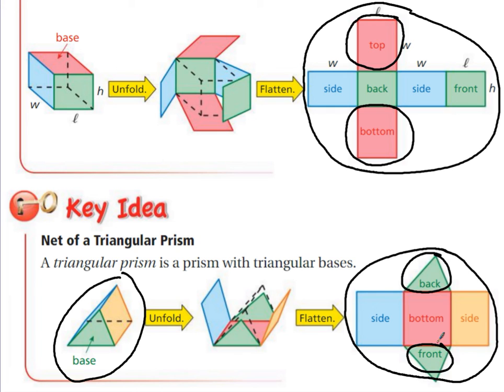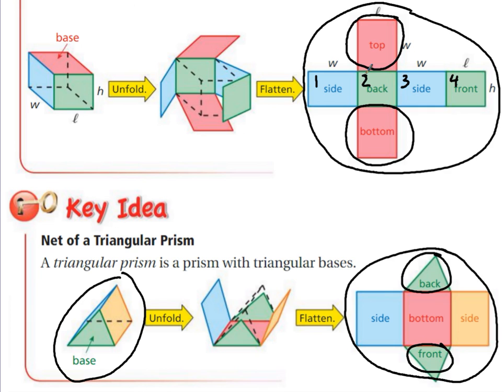Now, one other thing I want to point out is when I look at those sides, not only are they always rectangles, but look at the number of rectangles I have. Here I have 1, 2, 3, 4 rectangles, and that is because I have a rectangular prism. Rectangles have 4 sides. Same thing, I need 4 rectangles to connect that rectangular prism.